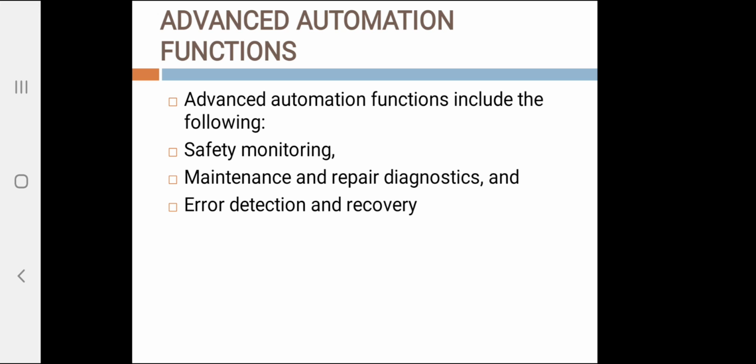Then second is failure diagnostics. The failure diagnostics mode is invoked when a malfunction or failure occurs. Its purpose is to interpret the current values of the monitored variables and to analyze the recorded values preceding the failure so that the cause of failure can be identified.